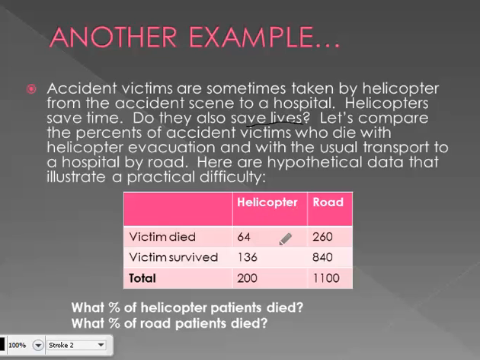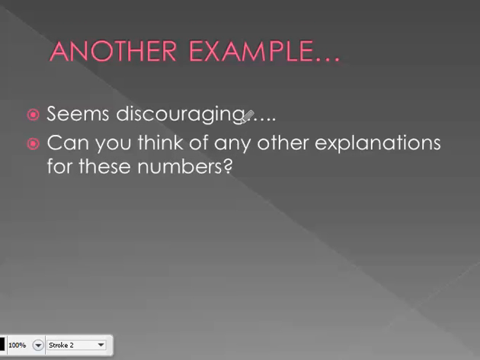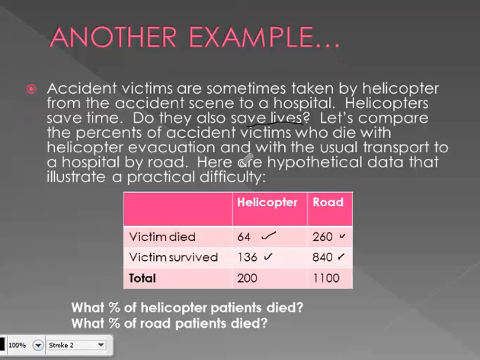So here we've got this information. I got 64 people died, and I've got 136 survived. And over here I've got 260 and 840. So if we do a little bit of calculating the percentages here, they're saying discouraging. Why are they saying discouraging?